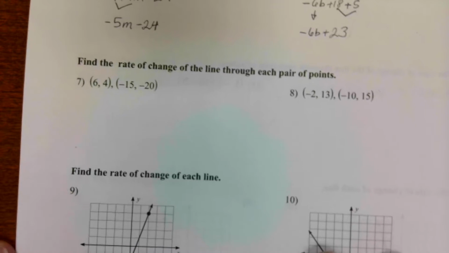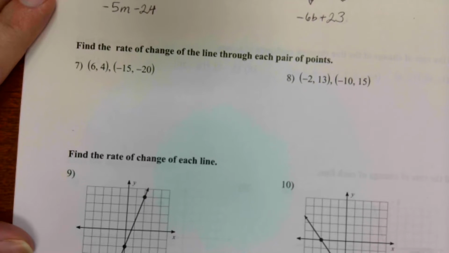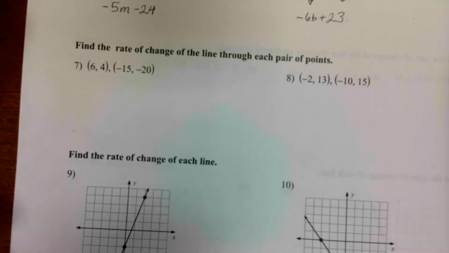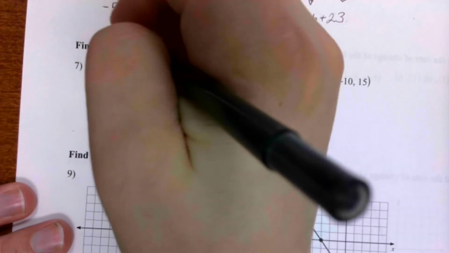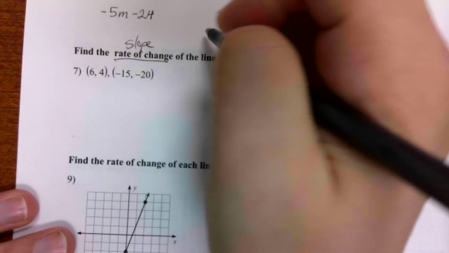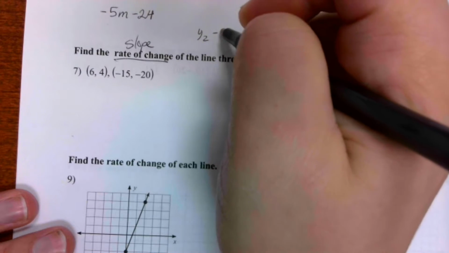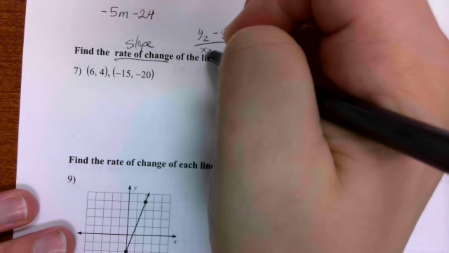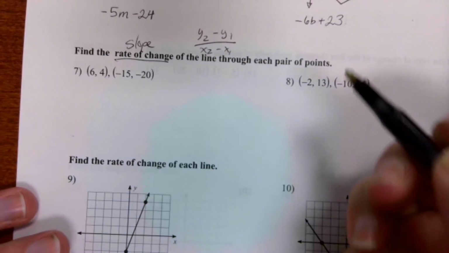Rate of change. So this one's pretty simple. We're going to just label it up. Rate of change just means slope. And if you guys remember, the formula for slope is y2 minus y1 over x2 minus x1. That's your formula.